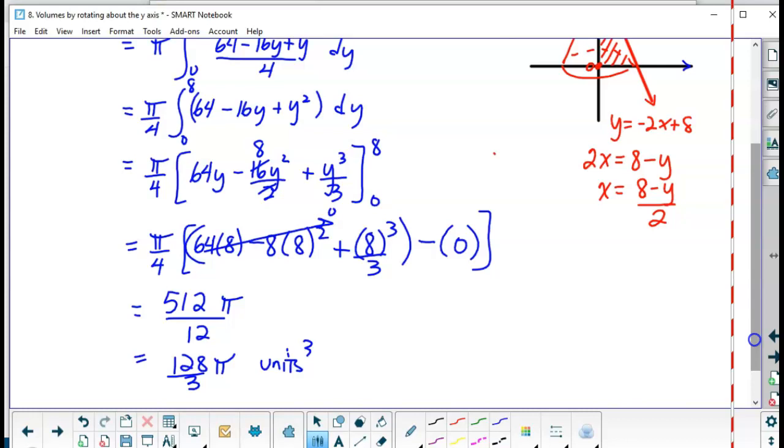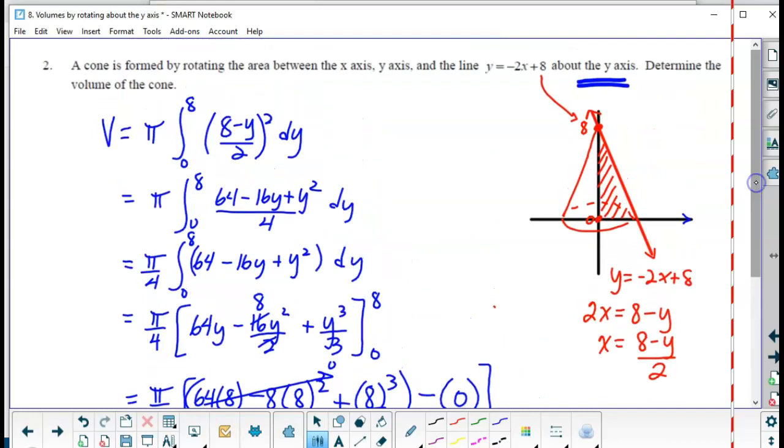Okay. Yeah, you could have done this using the volume of a cone, which is 1/3 times the area of the base times the height. So in this case, 1/3 pi times the radius would be 4. You need to know the x-intercept here, so you could easily solve.